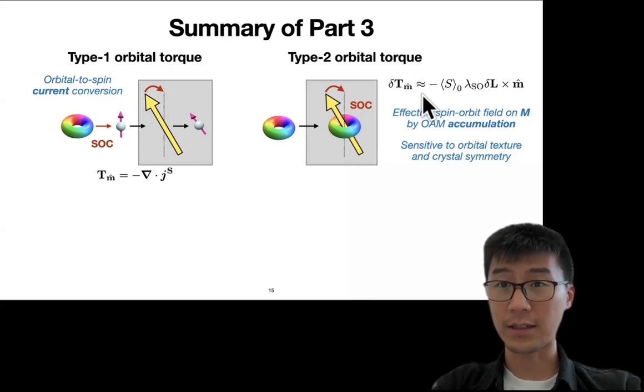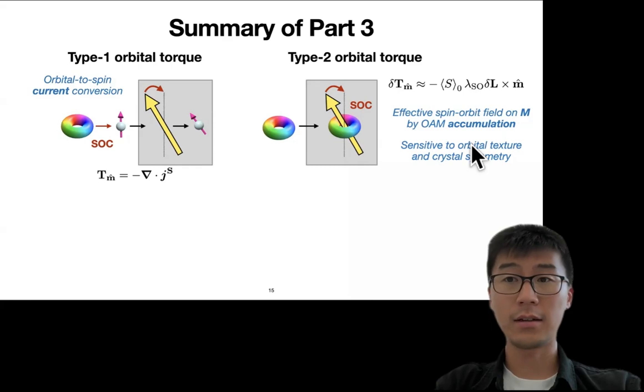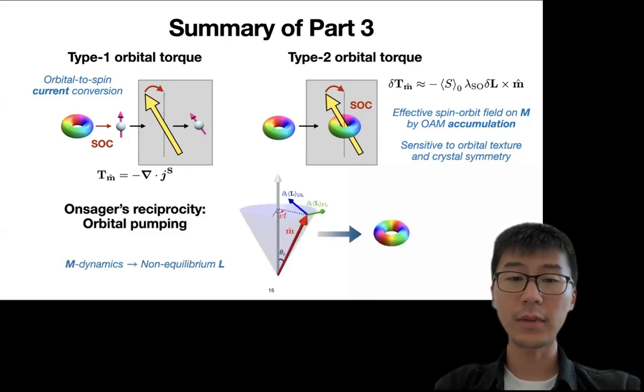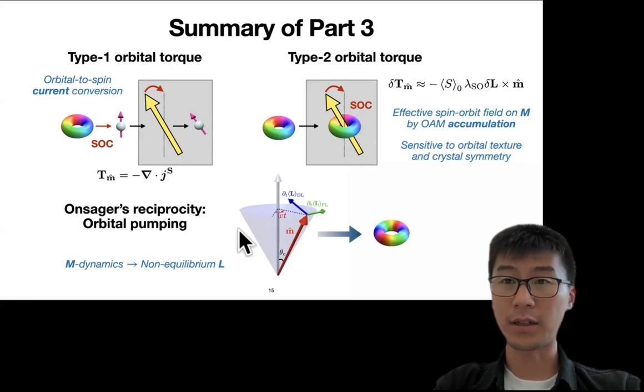And again, I want to emphasize that this picture is actually identical to the picture based on the spin accumulation picture. And finally, we looked at the reciprocal relation between orbital pumping and orbital torque. And this implies that magnetic dynamics can lead to non-equilibrium orbital angular momentum, which is now called orbital pumping.